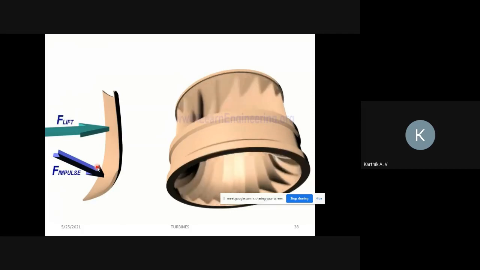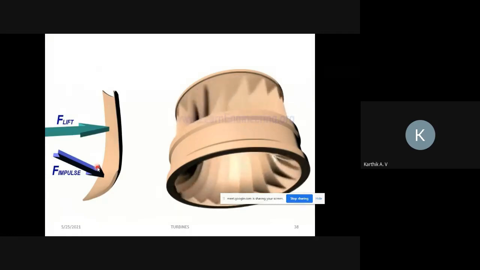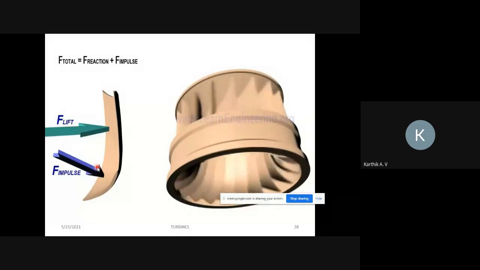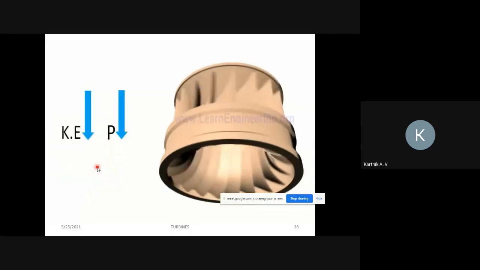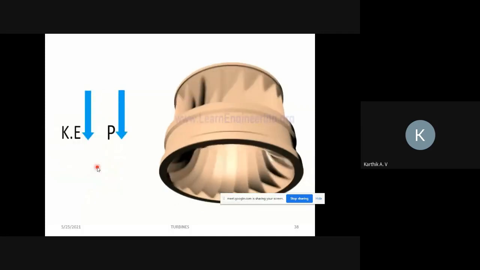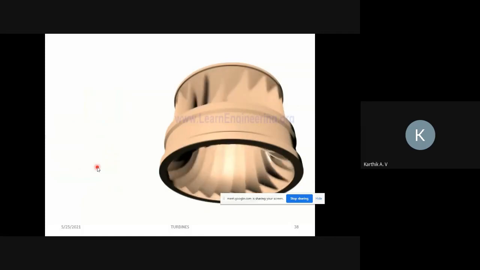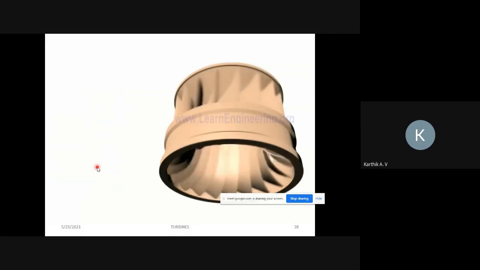So Francis turbine is not a pure reaction turbine. A portion of force comes from impulse action also. Thus, as water flows over runner blades, both its kinetic and pressure energy will come down. Since flow enters radially and leaves axially, they are also called mixed flow turbines.